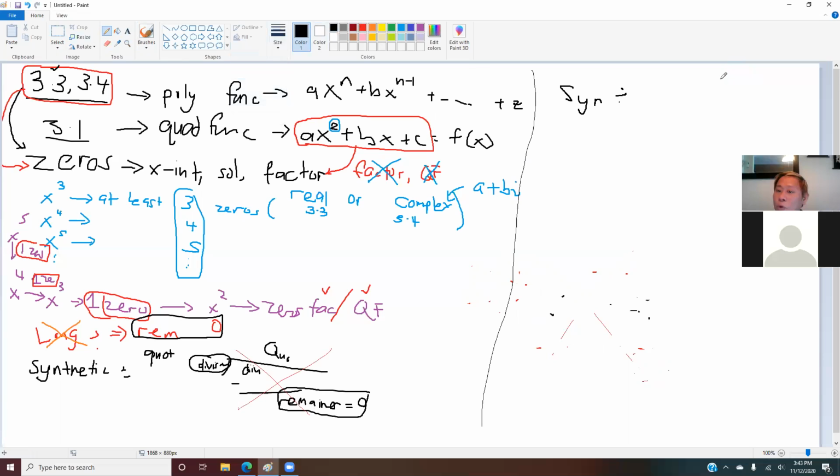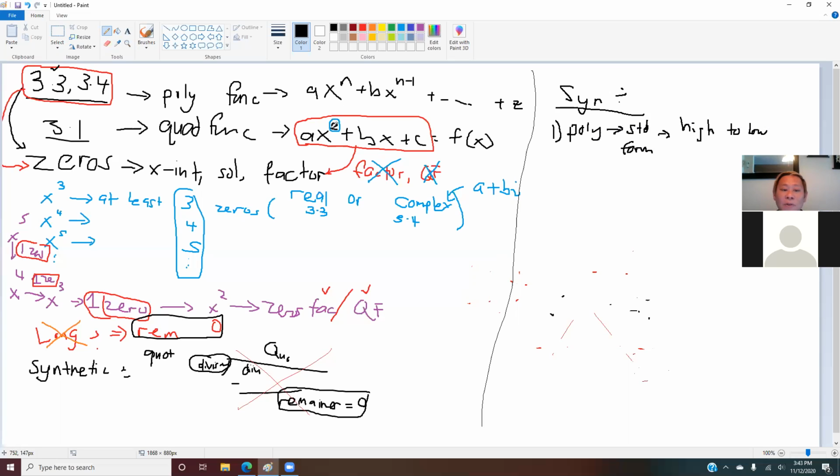So there are some rules you need to know. The first rule is your polynomial function has to be in standard form. What is standard form? Standard form means that you have to arrange your powers from high to low.